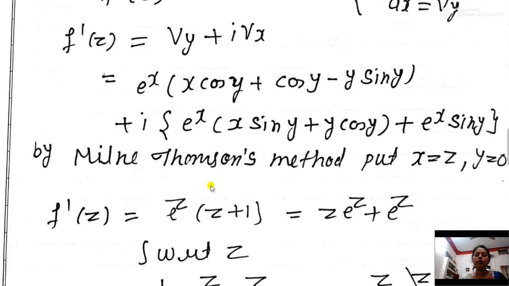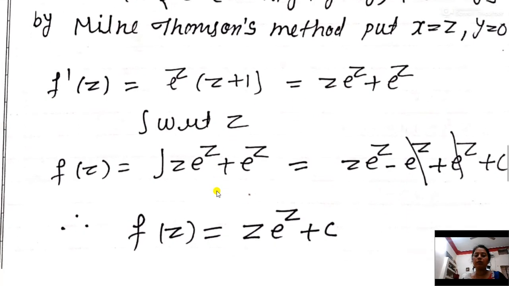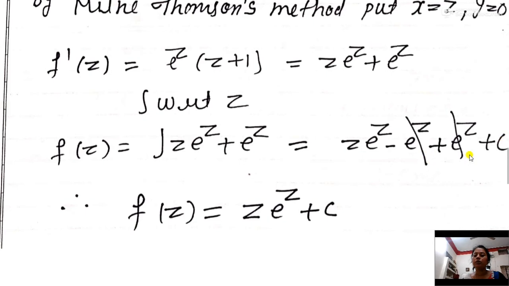To convert it into terms of z, we use Milne-Thomson's method: put x is equal to z and y is equal to 0. Now we just integrate it with respect to z and put a constant which is real. So this is our function f(z) is equal to z e^z plus c.